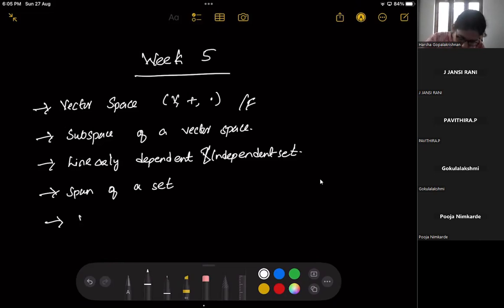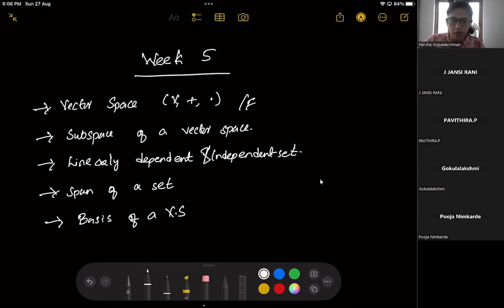Then we studied what a basis of a vector space is. Depending on the basis, we studied whether a vector space is finite dimensional or infinite dimensional. If the number of elements in the basis is finite, then the vector space is finite dimensional, and otherwise it is infinite dimensional.